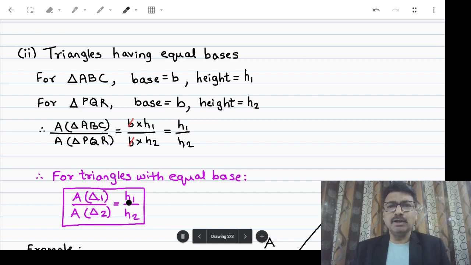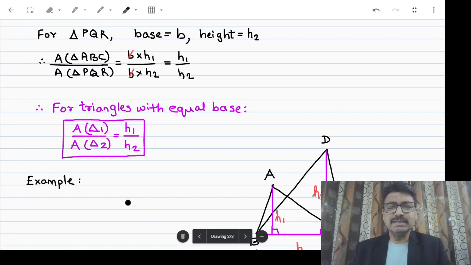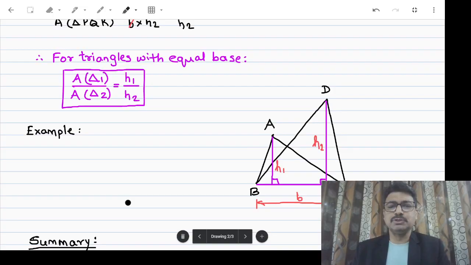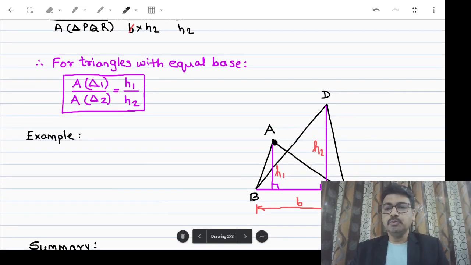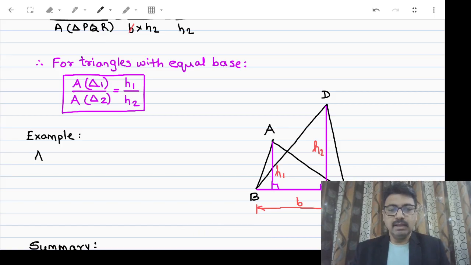Let us understand this better with one small example. Let us consider an example as shown here. We have two triangles, ABC and DBC. Let us write down the names of the two triangles: triangle ABC and another triangle DBC.